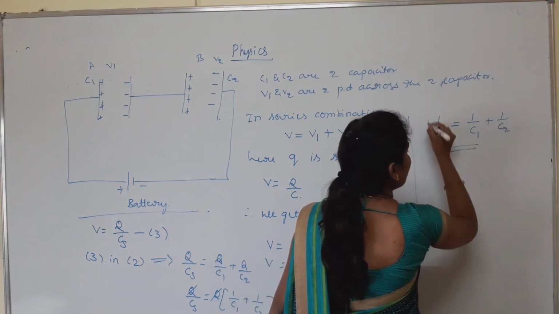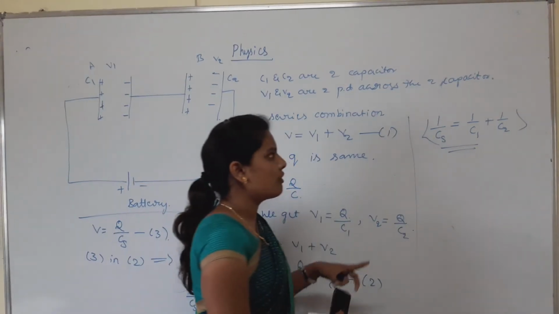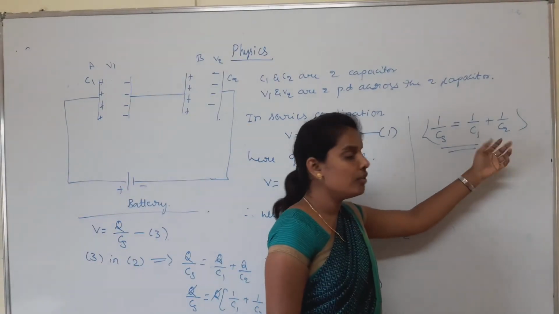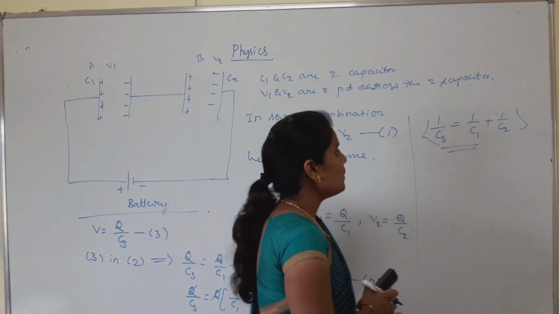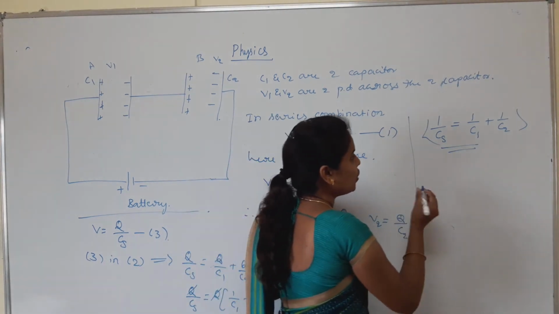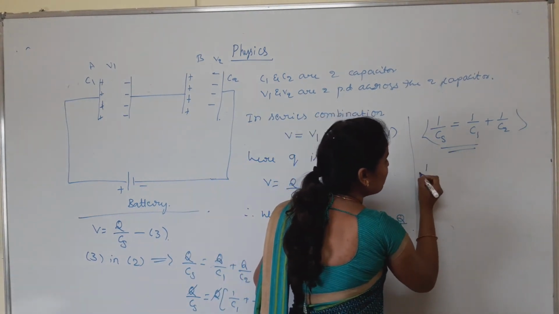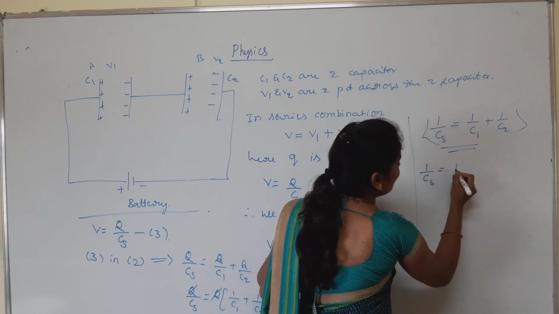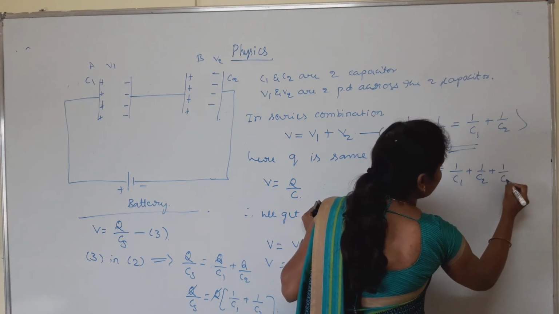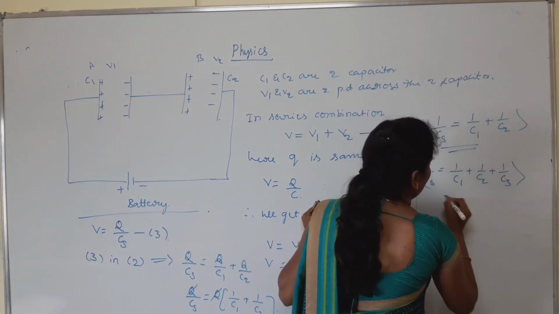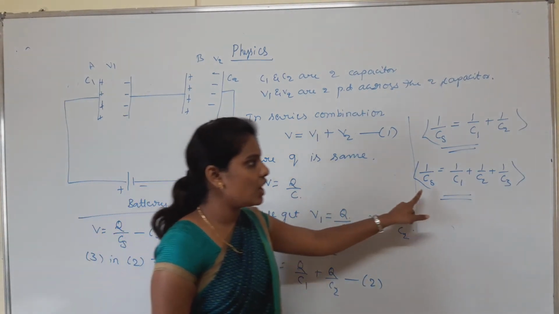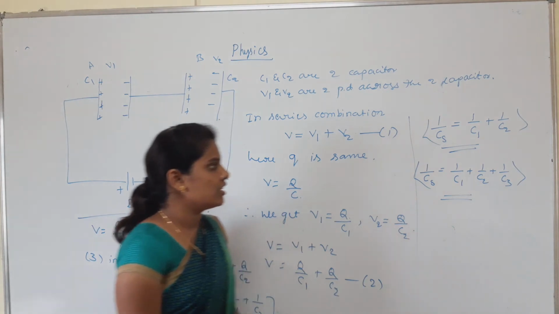Here the reciprocal of the total effective capacitance in series is the sum of the reciprocals of the two capacitors. In the case of three capacitors, the final equation becomes 1 by Cs equals 1 by C1 plus 1 by C2 plus 1 by C3. This is the required equation to get the total capacitance of capacitors connected in series.